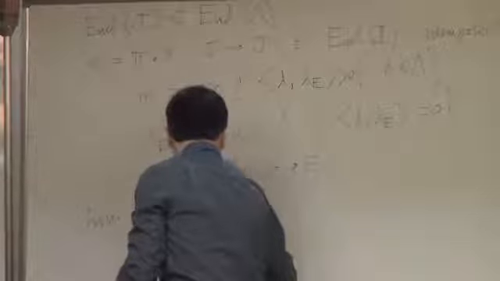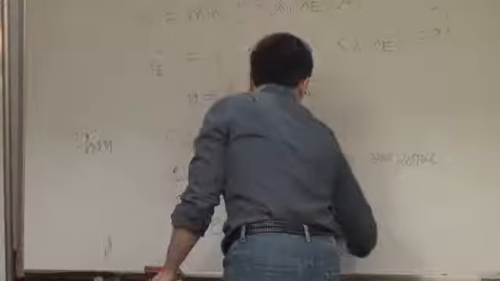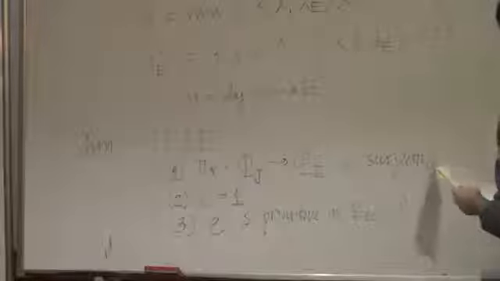Okay, so here's the theorem that we prove using this uniformization: the following are equivalent. 1, pi star phi_J to phi_E is surjective. 2, this c is 1. 3, this E is primitive in the endomorphism ring of lambda. 4, m is the order of this QE, and 5, n is lambda.